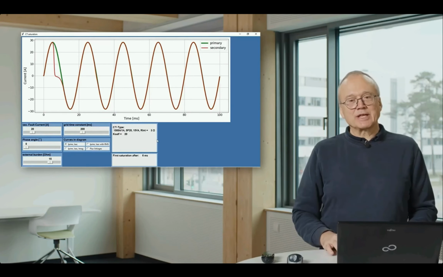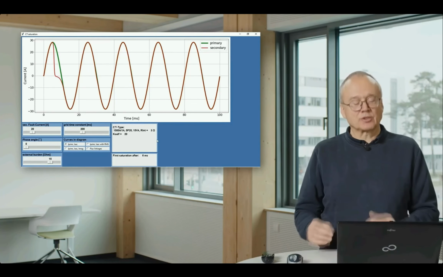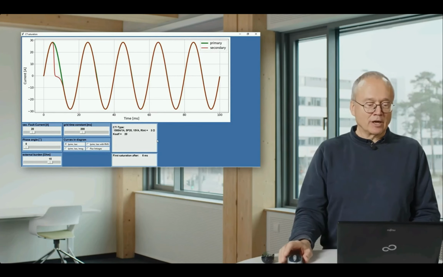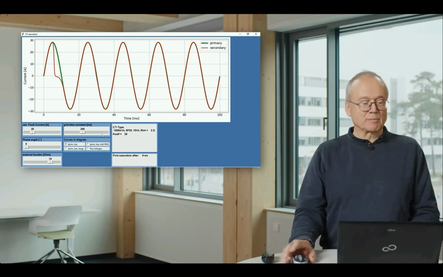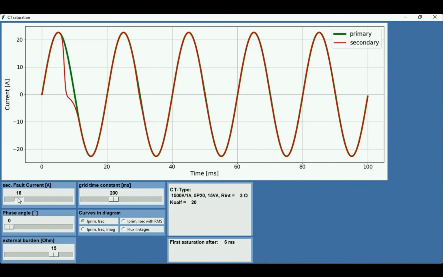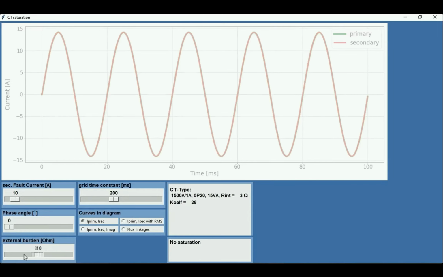In this picture you see again the simulation of the point where the saturation starts, and I will now change the conditions a bit. I will reduce the current. You see here we have 20 amps. I will reduce the current to 10 amps, and I will also reduce the burden from 15 ohms to 6 ohms.